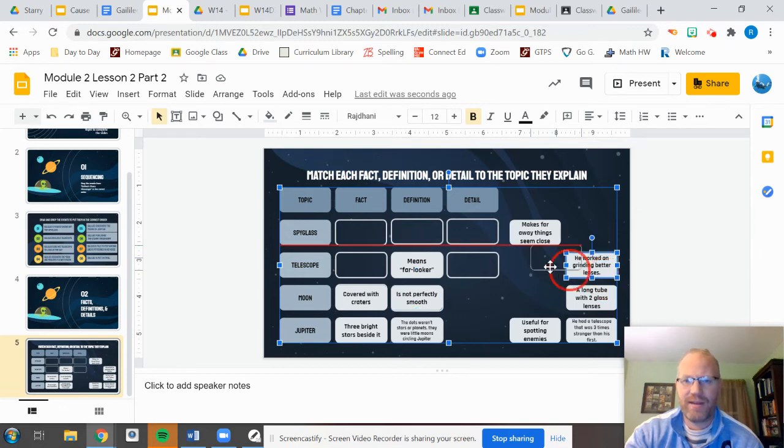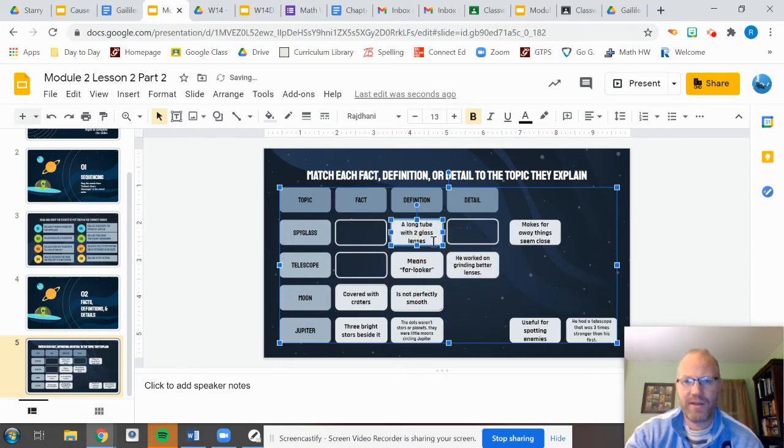That would be a detail for when he was making the telescope, I believe. A long tube with 2 glass lenses. That was the spyglass. That's a definition for the spyglass. Used for spotting enemies. Okay, that would be a detail for the spyglass.